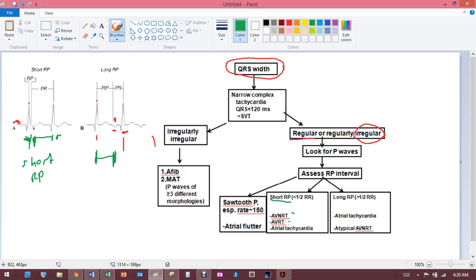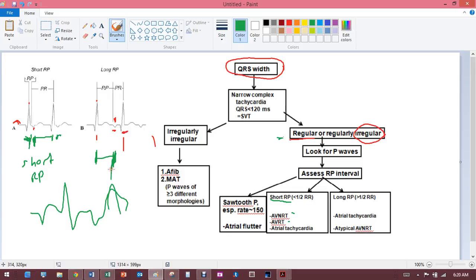Another thing that can happen, if it is regularly irregular, then you can say it might be atrial flutter. The main difference between atrial flutter and AFib, one thing they say is that it has this sawtooth pattern, it looks a certain way. But the real determinant here is going to be the R to R ratio.